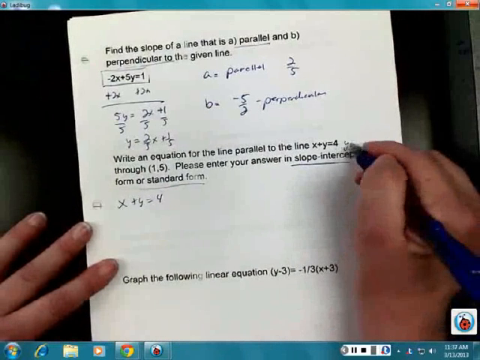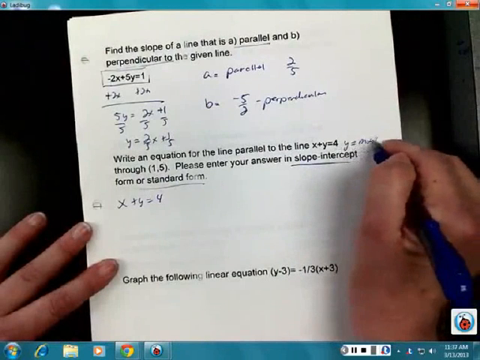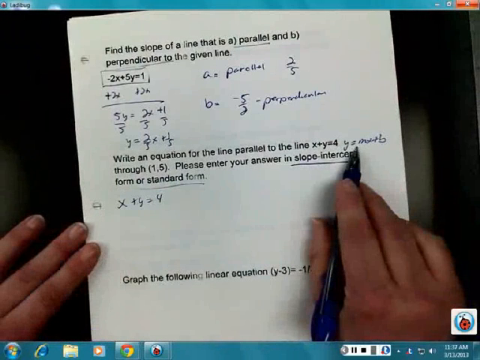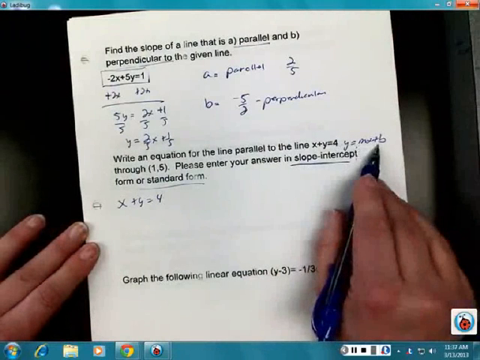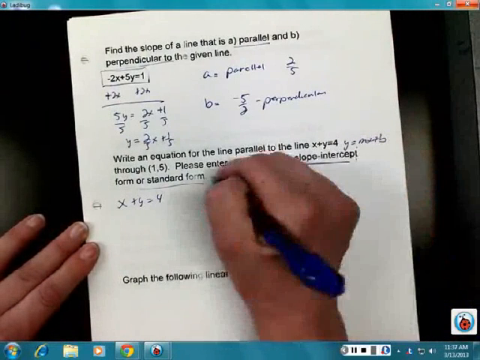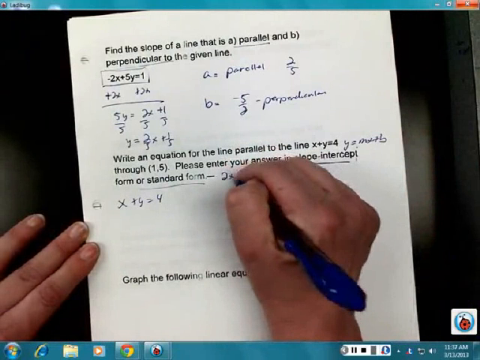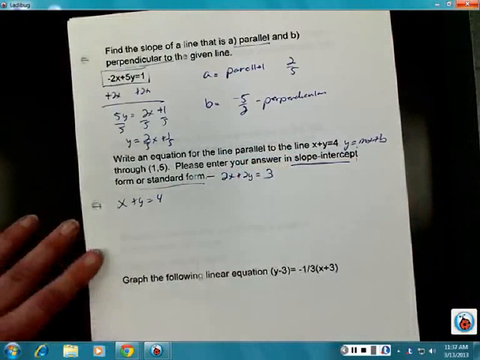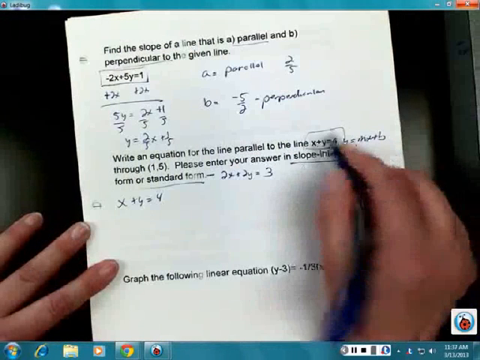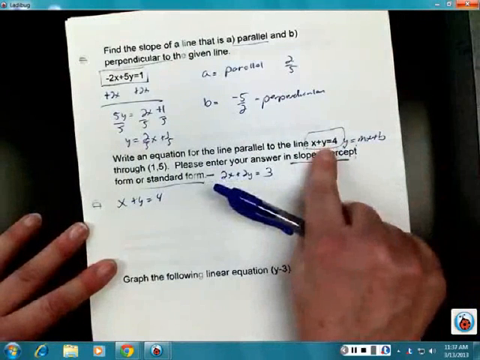Slope-intercept is y equals mx plus b. Standard form is x plus y equals some number. This, right now, is in standard form.